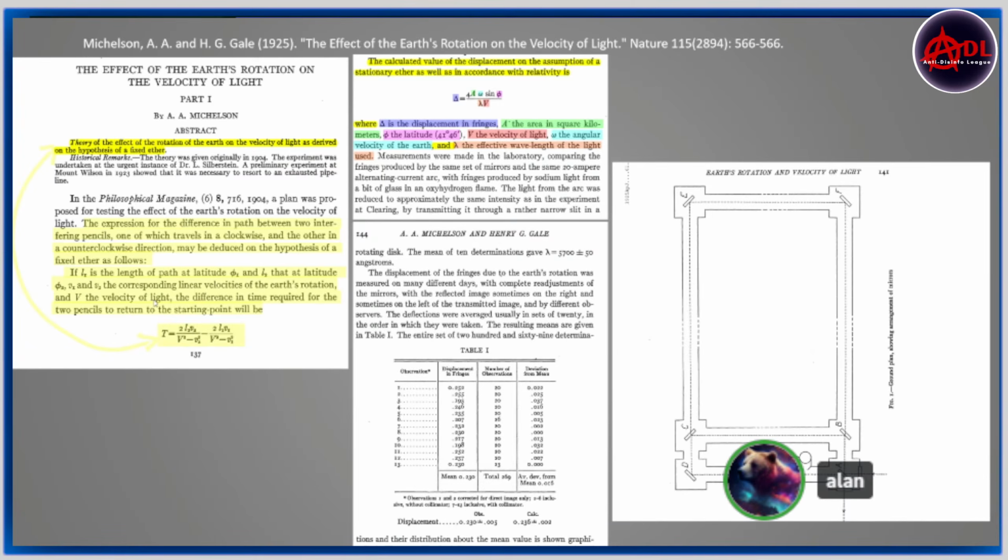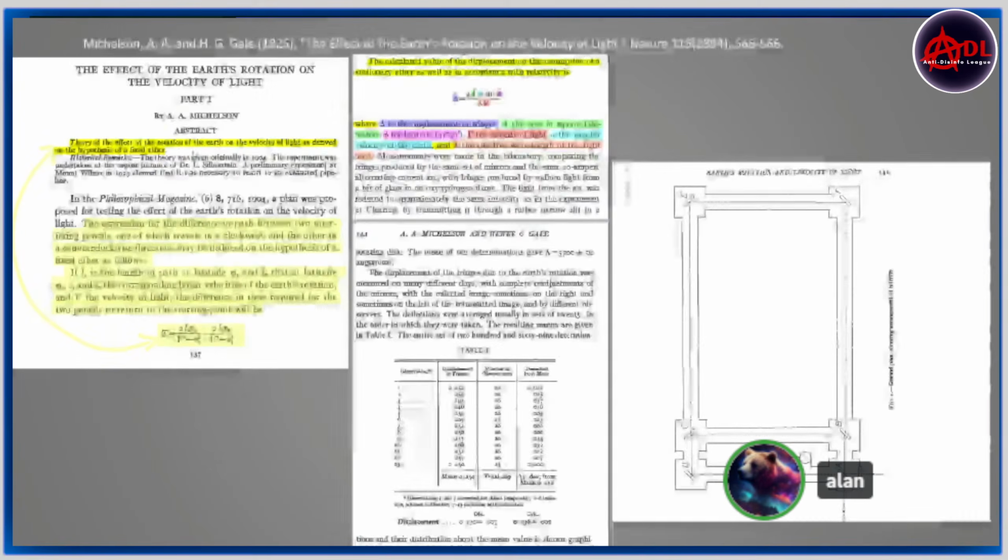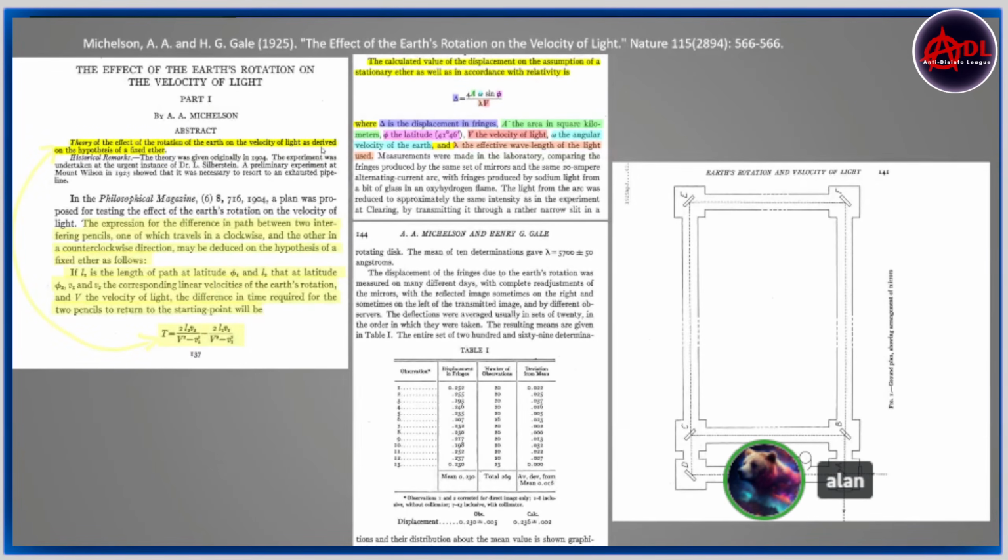But the mathematics that they used here, just to point it out real quick, they say this is based on Earth rotation, and the velocity and all that is derived on an ether fixed hypothesis. What they mean by ether fixed hypothesis is they're using a fixed reference frame to measure the relative speed of light going through the pipes going east to west and the north-south pipes.